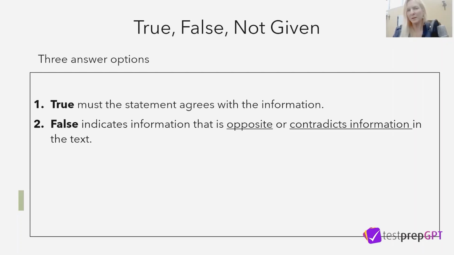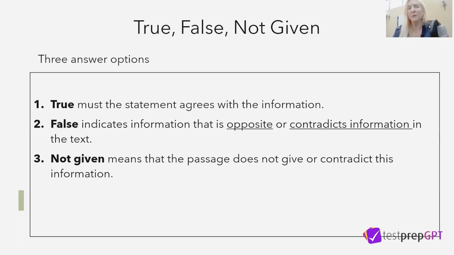A false statement means that it is contradictory to information in the passage. So for example, if in the passage it says that monkeys are brown and the statement says monkeys are yellow, then obviously that's a false statement because it's contradicting information in the passage.